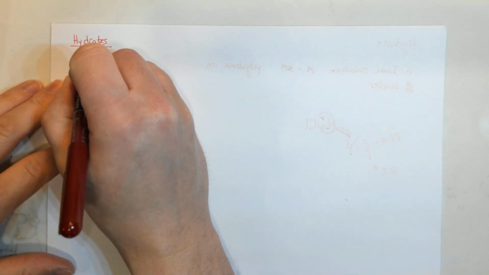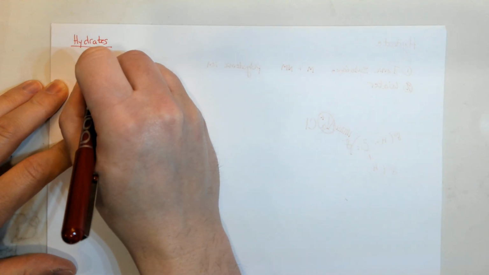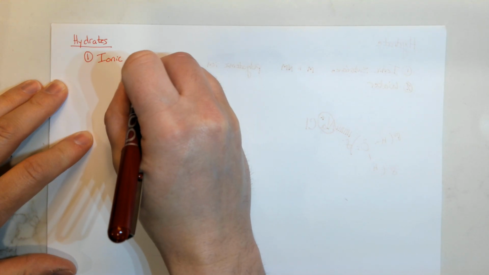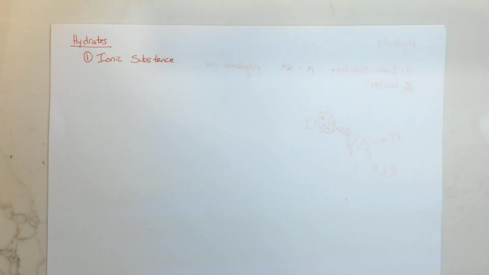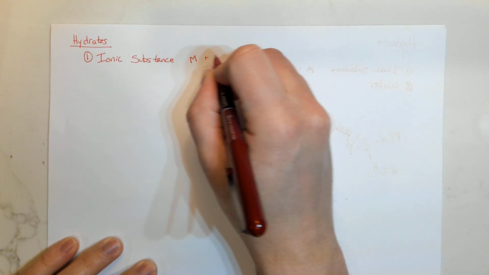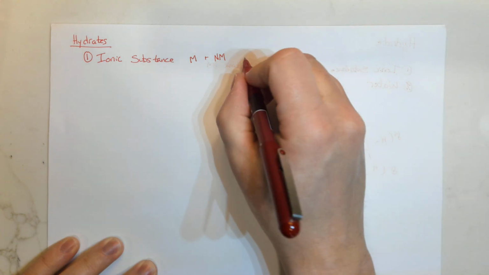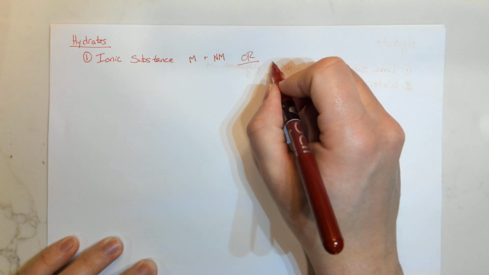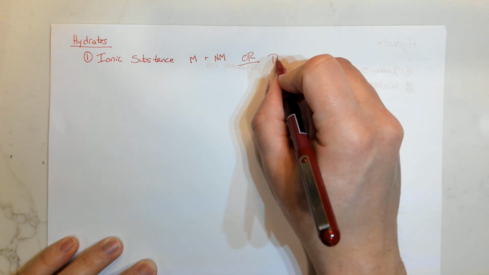Hydrates require two things. The first thing that they require is an ionic substance. You will remember that an ionic substance will be formed from a metal cation and a non-metal anion, or they will result from one of these things being replaced by a polyatomic ion.